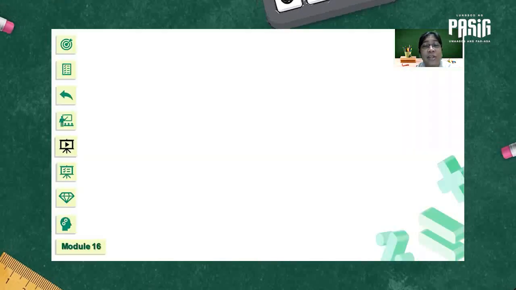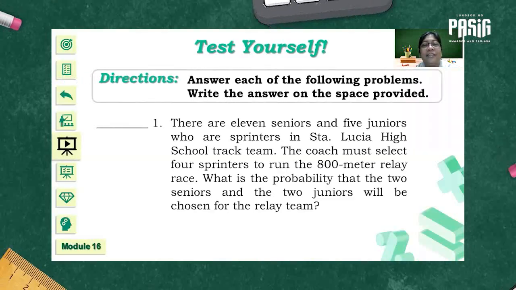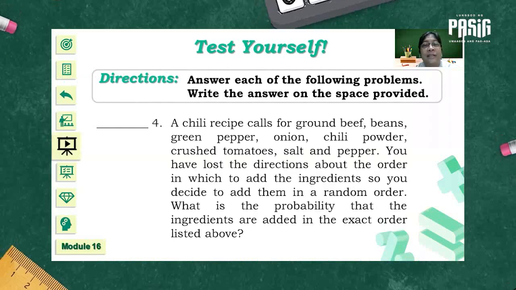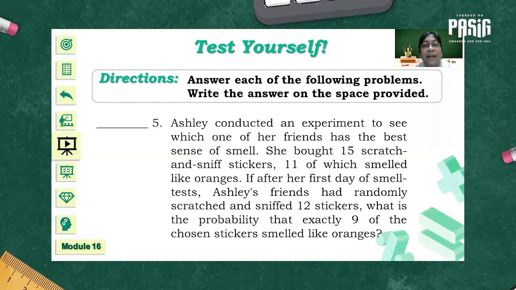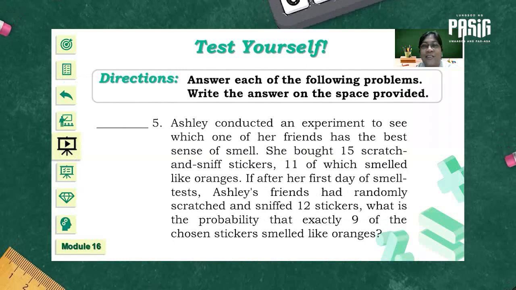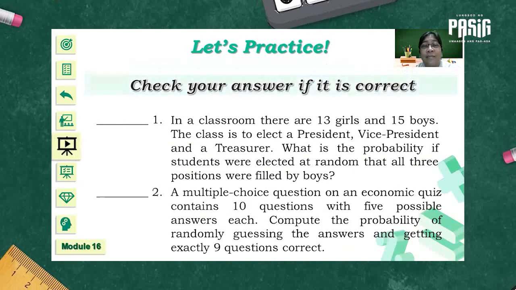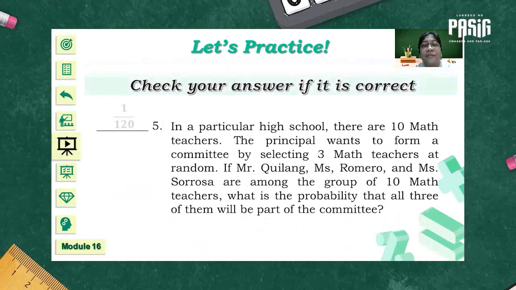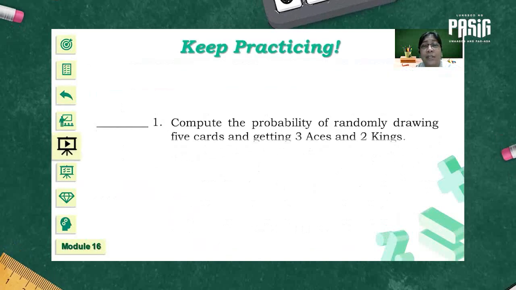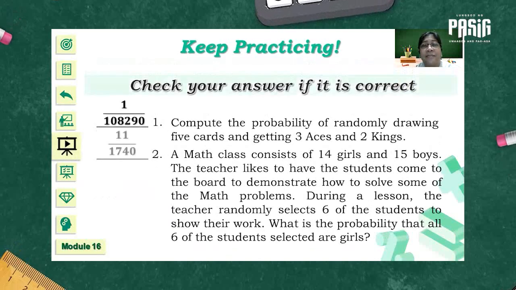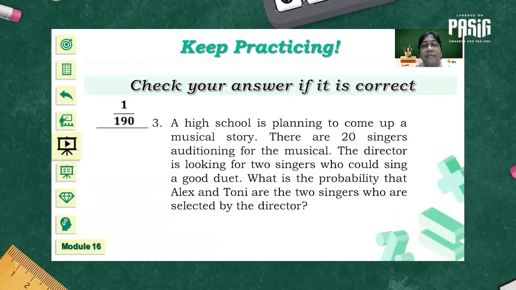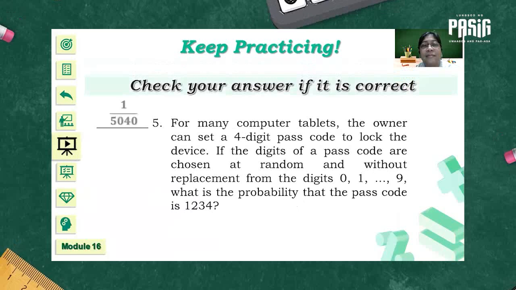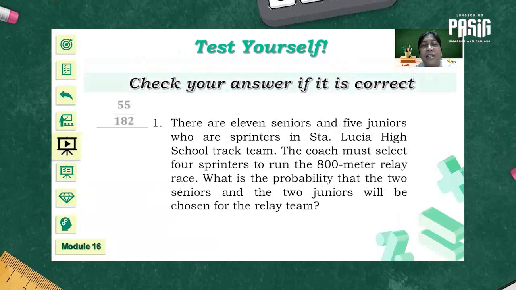And for activity 3, test yourself. 1, 2, 3, 4, and 5. Now let's check if your answer is correct. For our activity 1, let's practice. For our activity 2, keep practicing. And for our activity 3, test yourself.